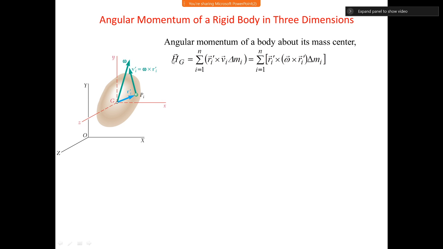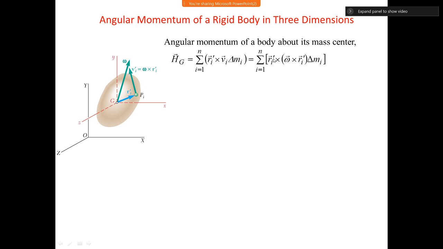Right now we are writing the angular momentum about the center of mass G, which is ri prime cross the linear momentum of that small particle. ri prime is measured with respect to G. I think there should be a prime here as well, so this should be vi prime.